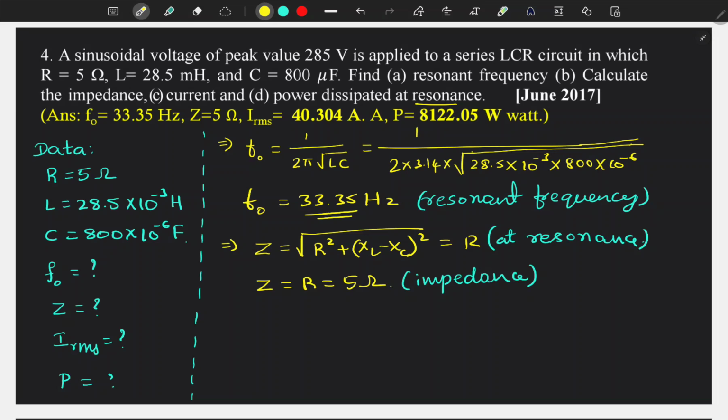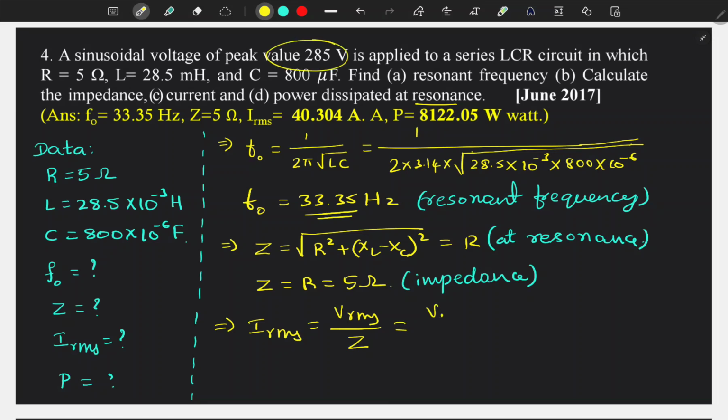Next, we need to find out IRMS. IRMS is given by VRMS divided by Z. Is VRMS given? No, V peak value is given.